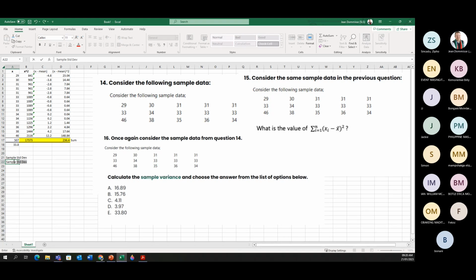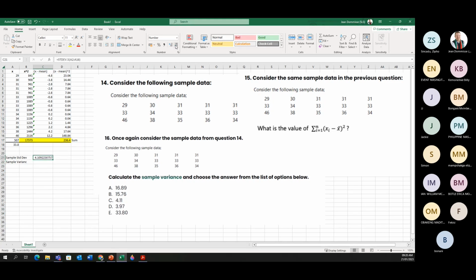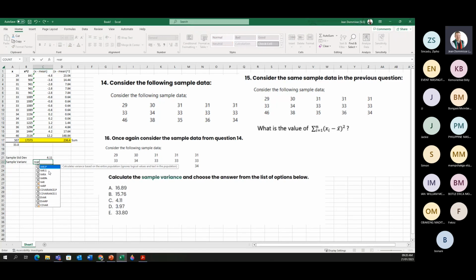Sample variance. And for these two, there are actually nice samples. Let's quickly see. Standard deviation is nice. So standard deviation of S, variance, sample variance.